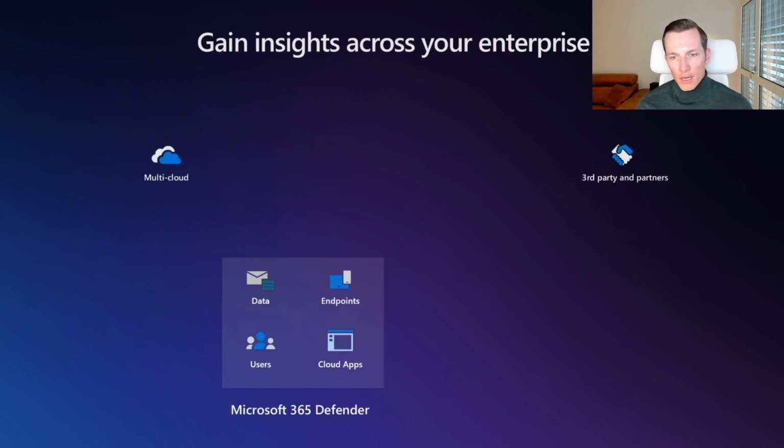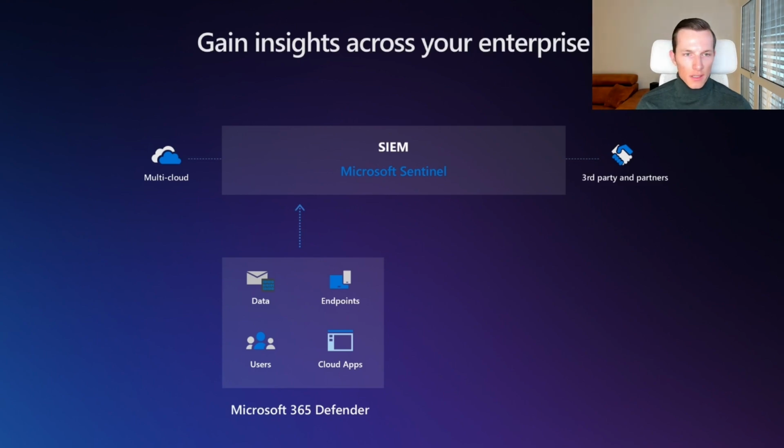And in the world of Microsoft, that SIEM solution would be Microsoft Sentinel. Microsoft Sentinel is a cloud-native solution that you can use. And in fact, you can easily natively send any alerts coming from Microsoft 365 Defender to Sentinel. Now, you're not obliged to use Microsoft Sentinel. You can also use another SIEM solution. It's also possible.